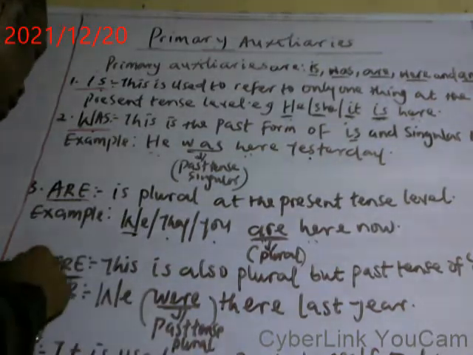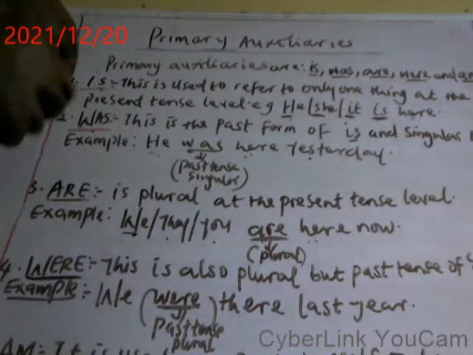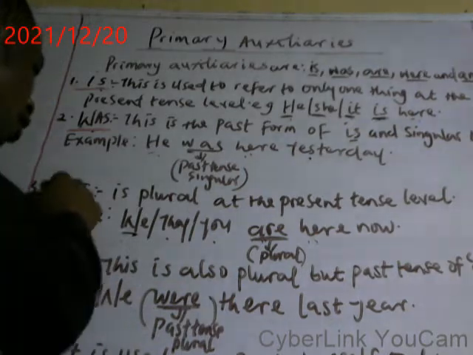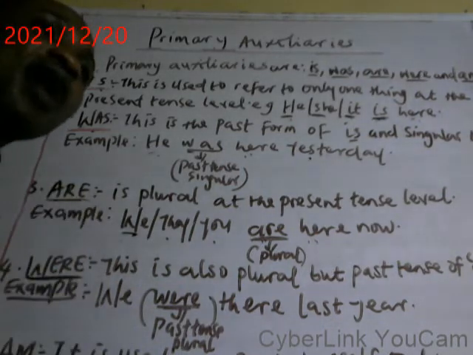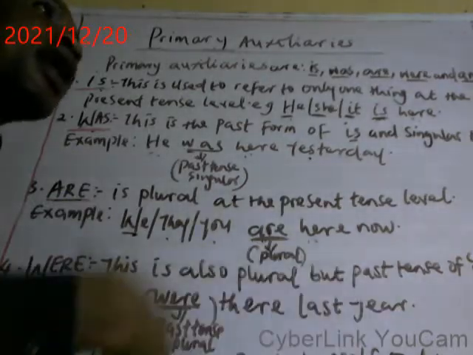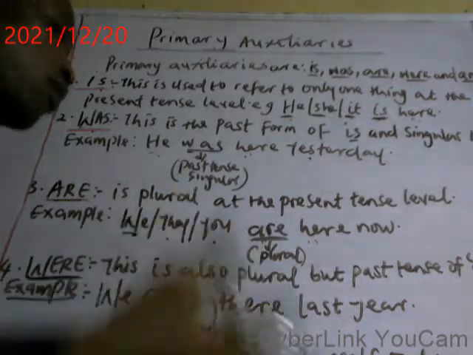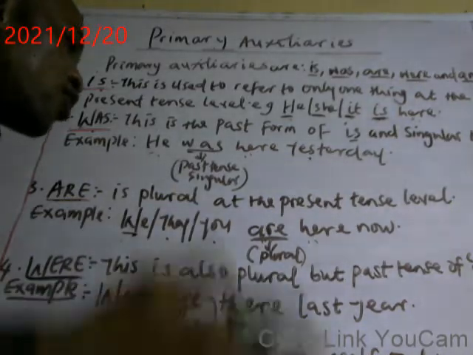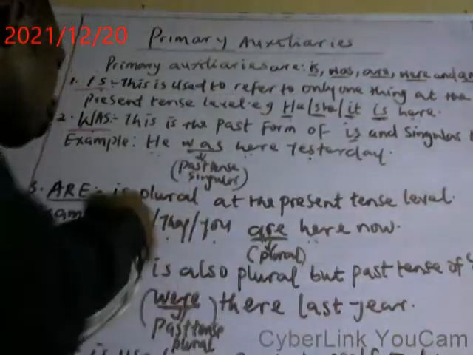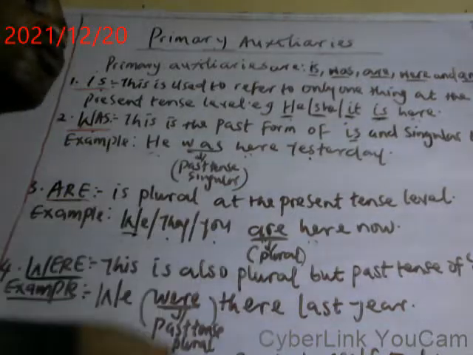Now the next one is "were", W-E-R-E. This is also plural. It is the plural form of "are", meaning that before we can use "were", we must also have plural items, plural persons, plural places that we are making reference to. The difference is that it is the what? Past tense of "are". The past tense of "are" is what?